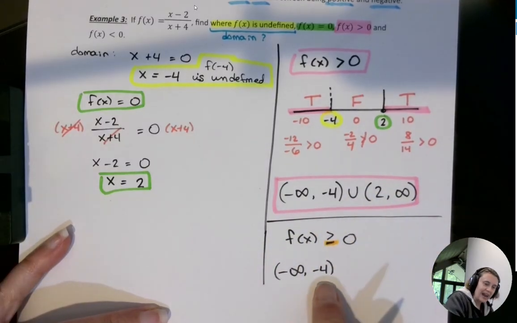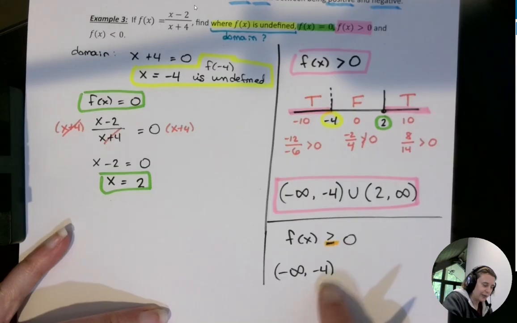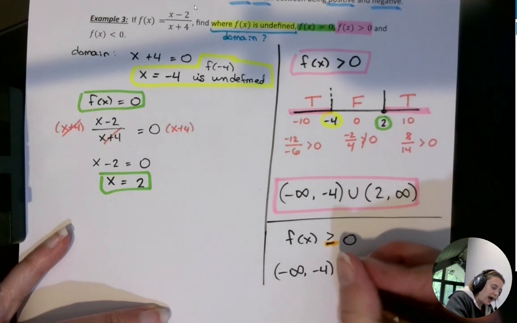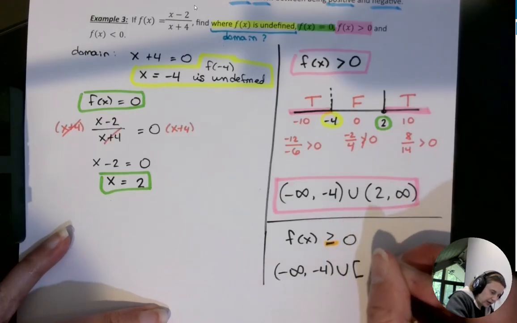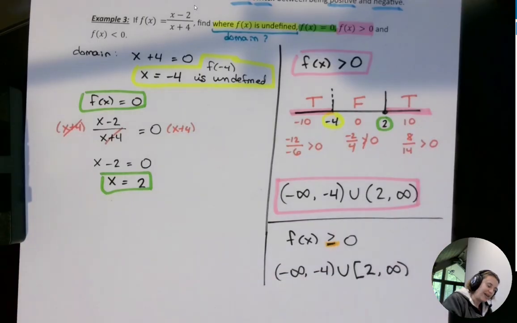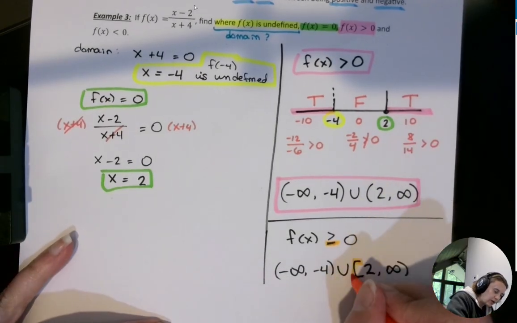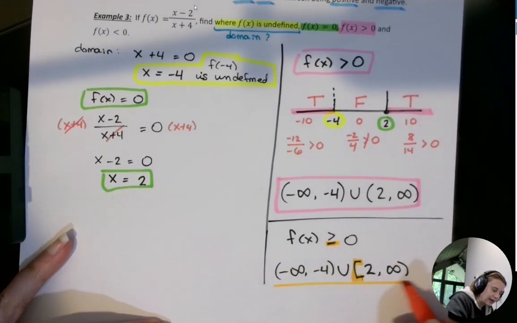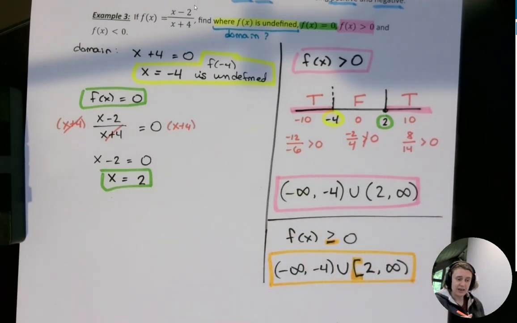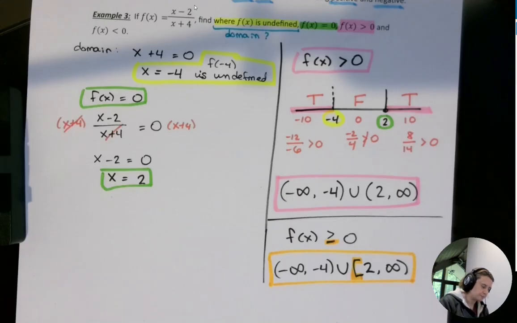It's still not going to include the negative 4 because that was an undefined value, a domain exclusion. However, it would include 2, which is a solution value. So if I had an equal bar, I would have used a bracket on the 2 only. So never on a domain exclusion, only on a solution value, a 0. Okay, so just wanted to look at that in case it ever comes up.